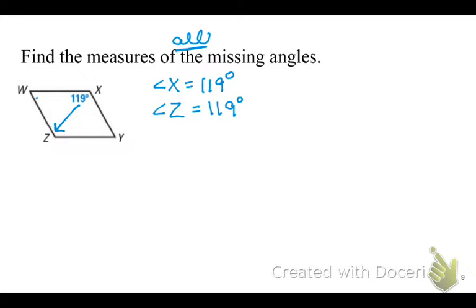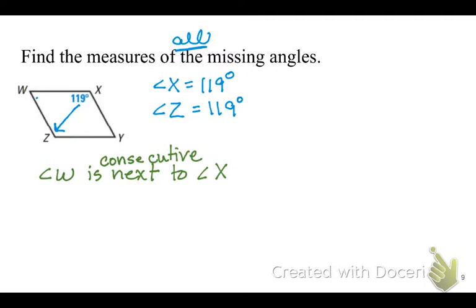So we know angle W is next to angle X, and remember that next to is the same as saying that they're consecutive, and so that means that angle W plus angle X is going to equal 180 degrees.